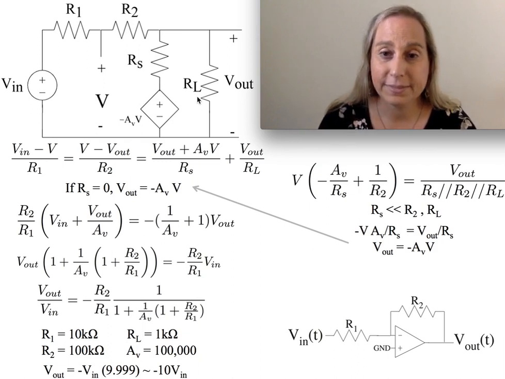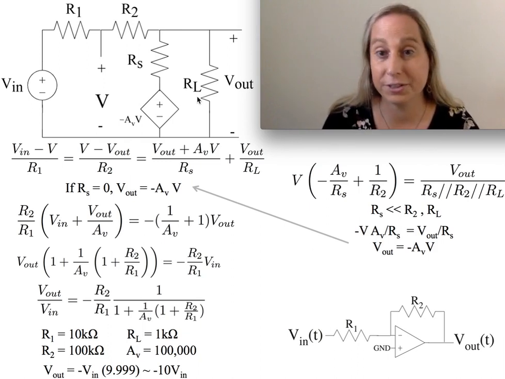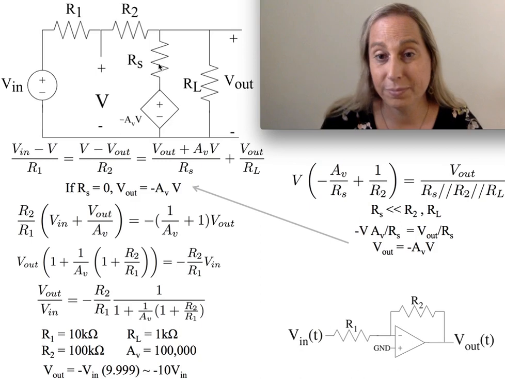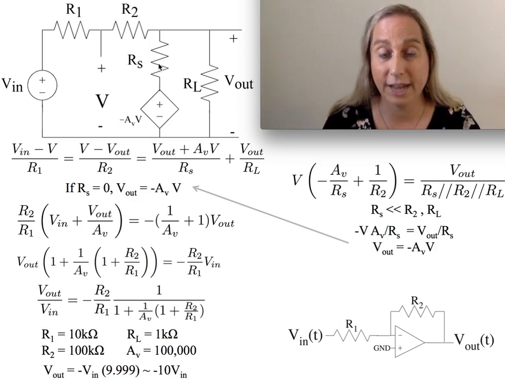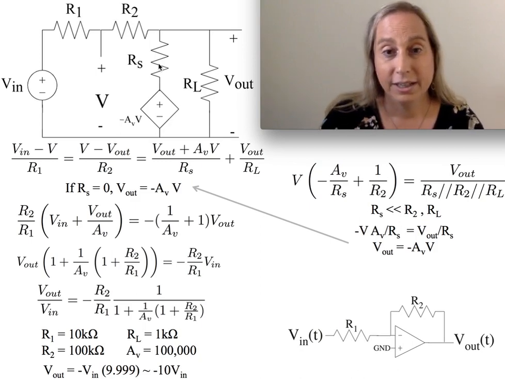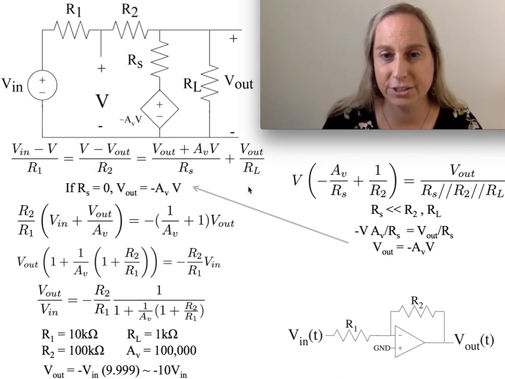Okay, so now we can ask all sorts of different questions there. In practice, you'll find a lot of circuits where this RS is often 0. But before we do that, let's take a look at this equation, because I can do a pretty interesting simplification.